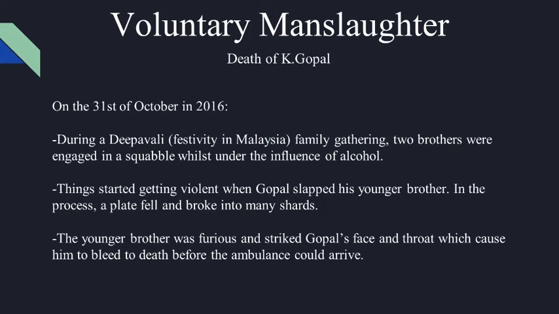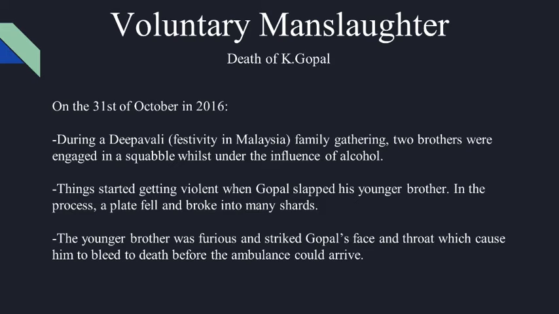Voluntary manslaughter, death of Gopal. On October 31st of 2019, during a Deepavali festivity in Malaysia, family gathering, 2 brothers were engaged in a squabble whilst under the influence of alcohol.